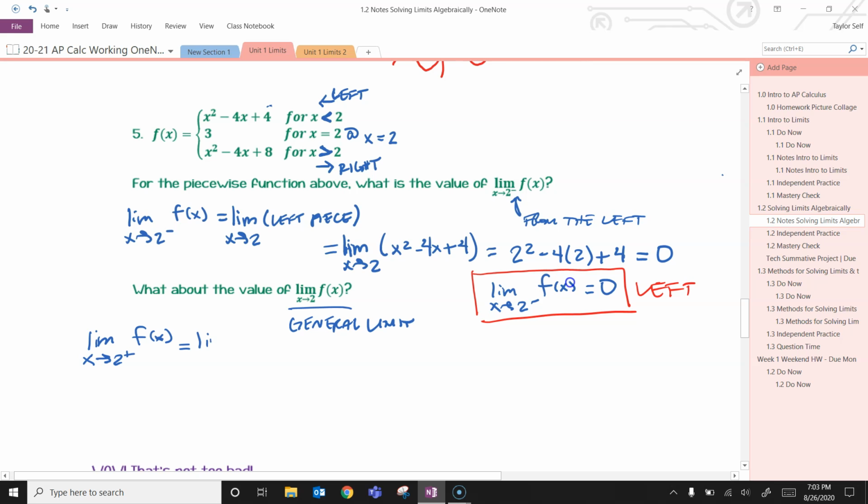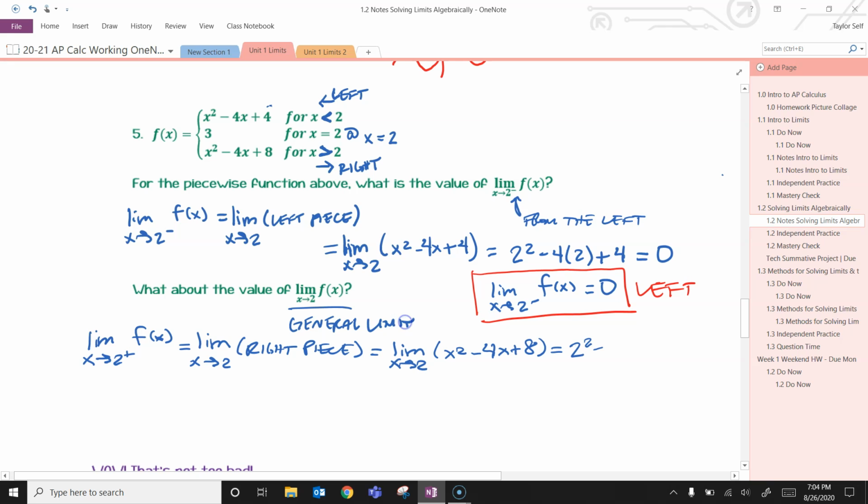That's going to be the limit as x approaches 2 of the right-hand piece, which is x squared minus 4x plus 8. This is a quadratic, it's continuous, so I can substitute.